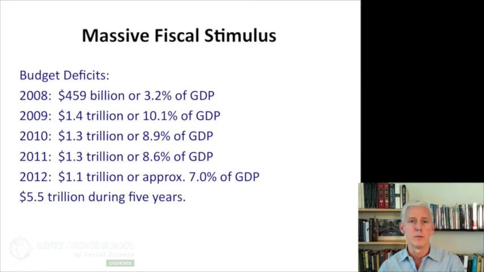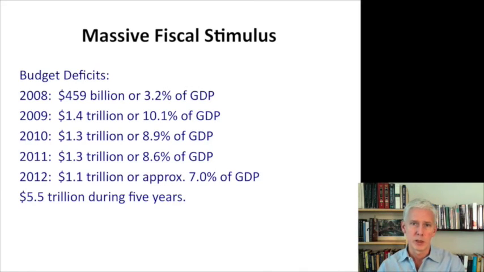Now consider the massive fiscal stimulus. Between 2008 and 2012, the government ran unprecedented budget deficits. In 2008, the budget deficit was $460 billion. It then increased to 1.4 trillion, 1.3 trillion, 1.3 trillion, and last year 1.1 trillion.